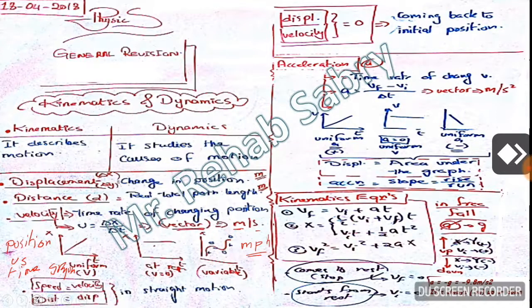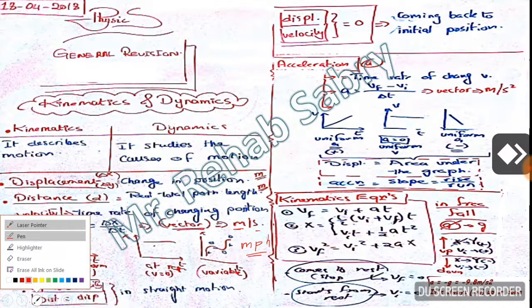Well, in naming the graph, we mention the vertical axis first, then the horizontal axis. If we plot x and t as shown in the graph, and the graph is a straight line, it means the slope is constant.